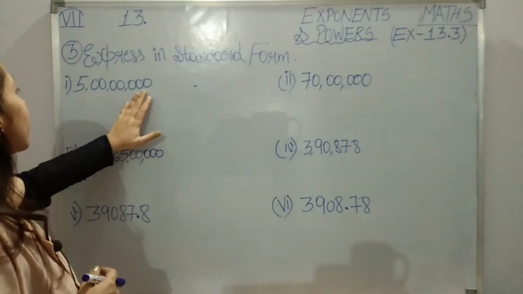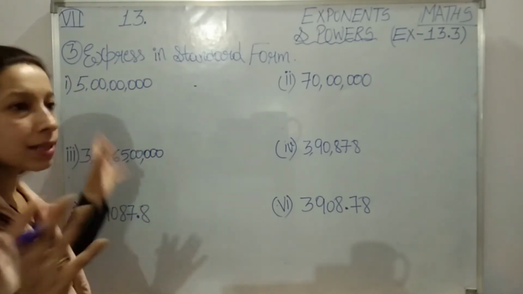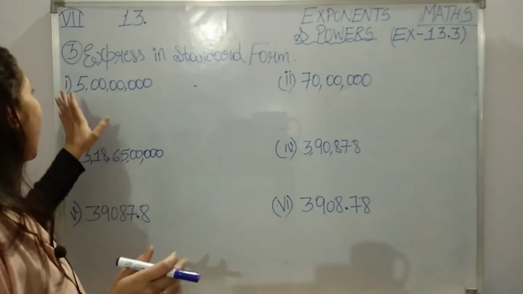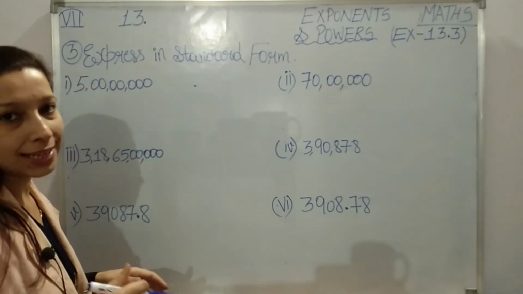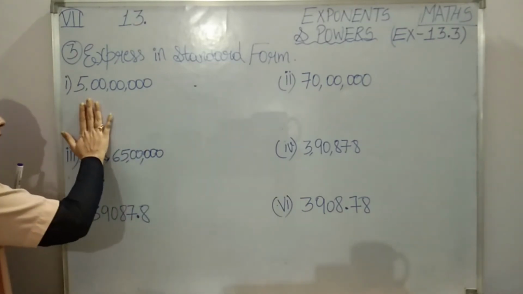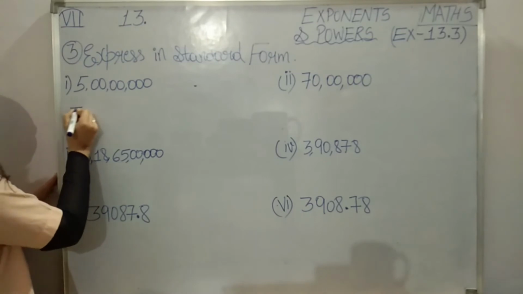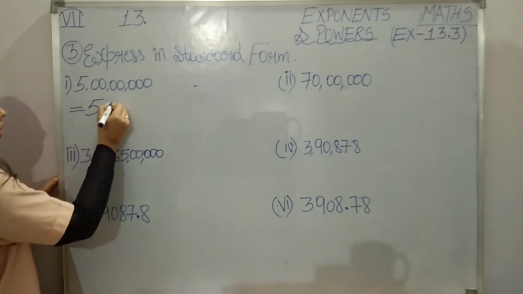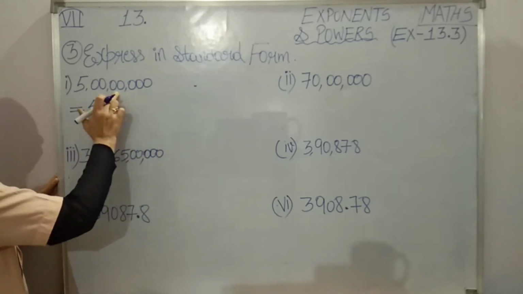So let us see, students, how. Here it is given 1, tens, 100, 1000, 10,000, lakh, 10 lakh, crore, 5 crore. It is a simple number, not a decimal number, and here 5 is in multiplication with a multiple of 10, isn't it? So for writing this in standard form, students, it is very easy. What I am going to do is 5 into, count how many zeros are there. 1, 2, 3, 4, 5, 6, 7.